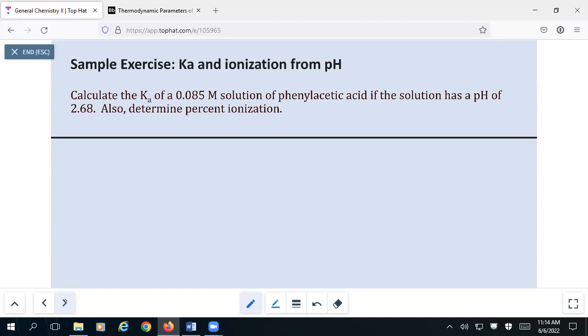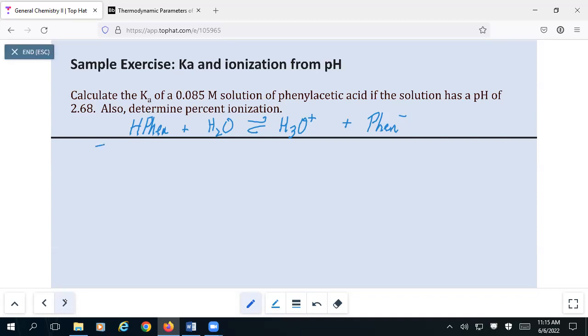What's really important is we need to set up a generic equilibrium here to solve this problem. So I'm just going to call phenylacetic acid H-phen. That's the hydrogen ion, the thing that is going to be acidic, plus everything else that makes up phenylacetic acid. That reacts with water to make hydronium ion and that conjugate base, phenylacetate.